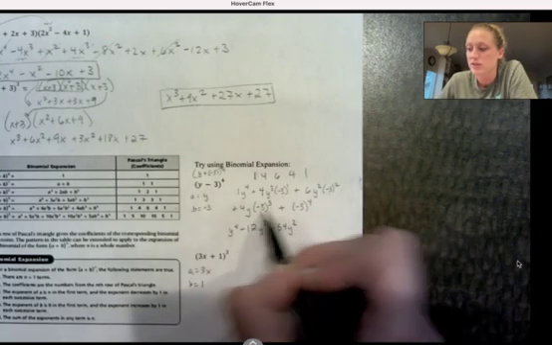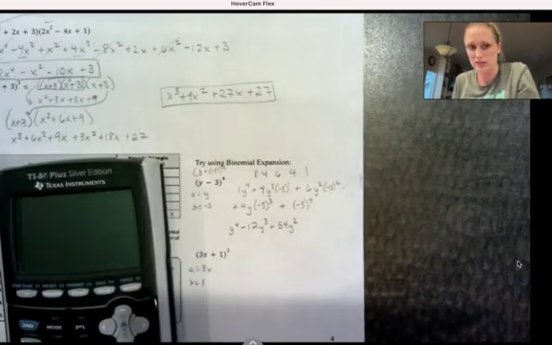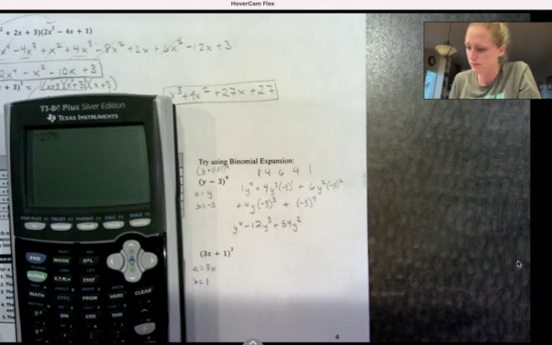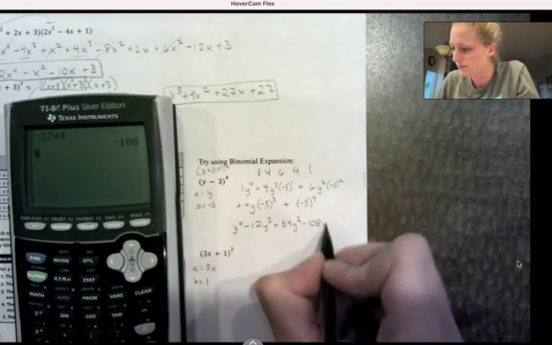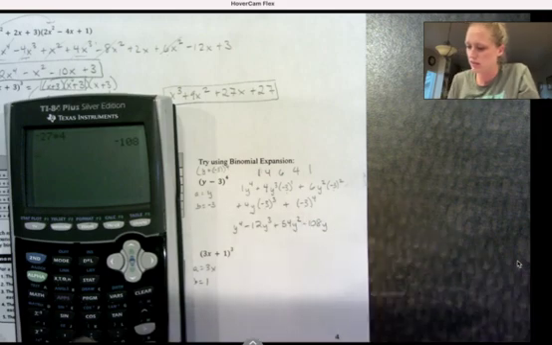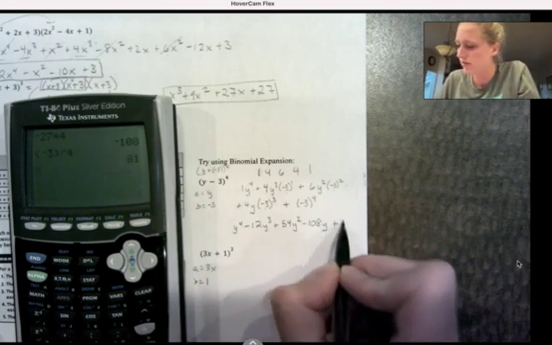Here, negative 3 to the 3rd is negative 27, and then I'm going to do negative 27 times 4, which is negative 108. And then lastly, negative 3 to the 4th, I believe, is 81. So we have a positive 81 there.